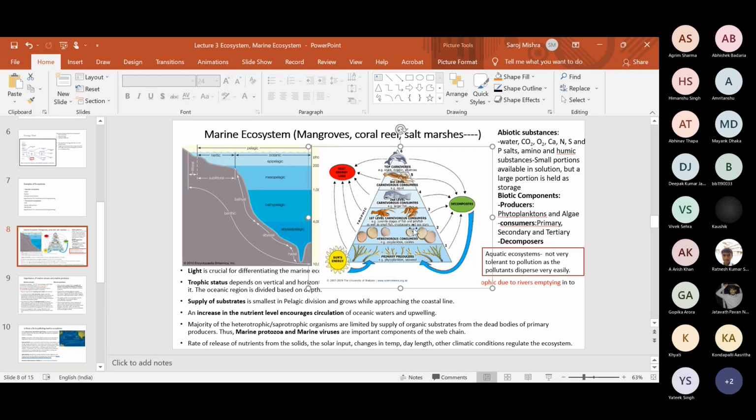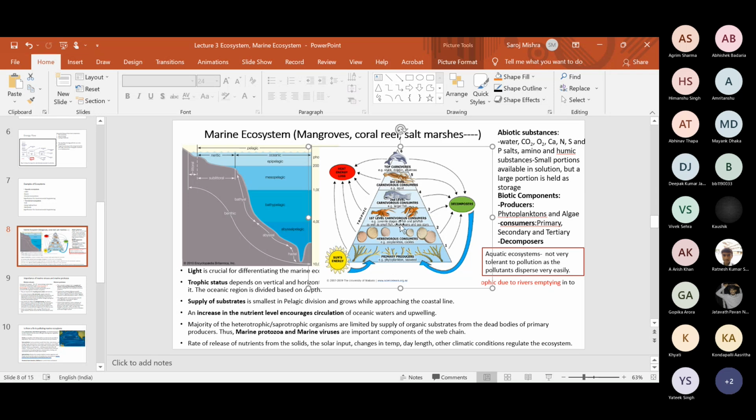Then you have the first level of carnivores, or second level consumers, which feed on all of these, like jellyfish and small fish. Then you have the larger fish, then the third level consumers, squids, and finally sharks, dolphins, and so on.